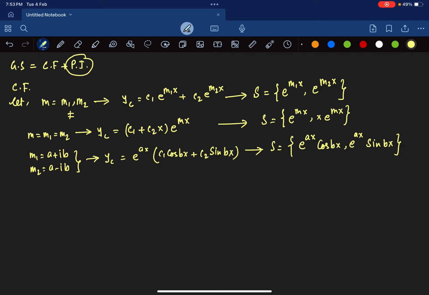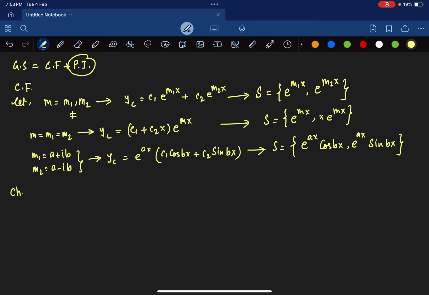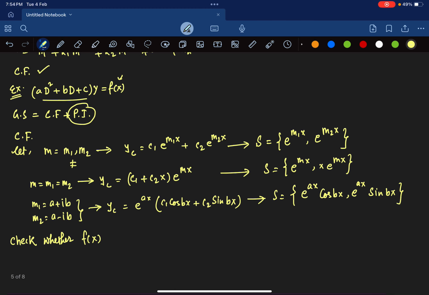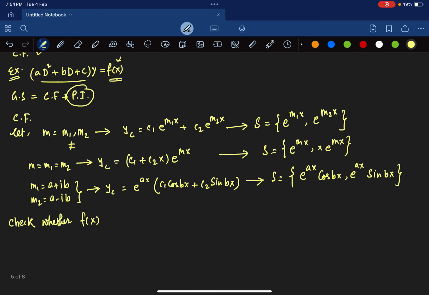Now, why have I written the solution set? Because it has its own importance in this method of undetermined coefficients. The next step is to check whether this f(x) term belongs to this solution set S or not.